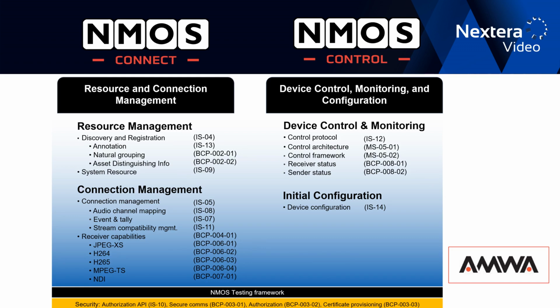IS-05 is the connection management, which I'll be talking about shortly. And there's also other things we can do with the connection, such as audio channel mapping, tally, all sorts of other things. And then finally, receiver capabilities. There's a lot of work being done to support all sorts of different codecs, things like JPEG XS, H.264, 265, NDI, you name it.